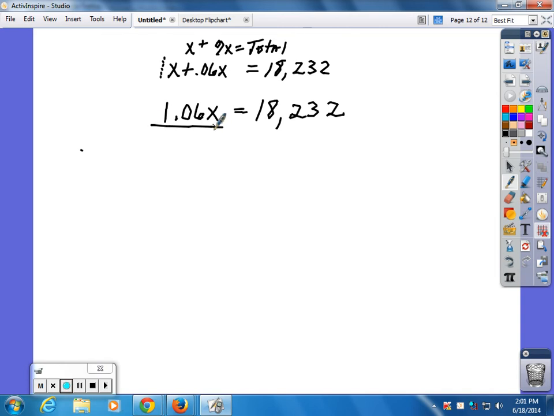And somebody take your handy dandy calculator out and tell me how much that boat was. Okay, it doesn't take that long to punch it in a calculator. I gotta get that. 17,200.